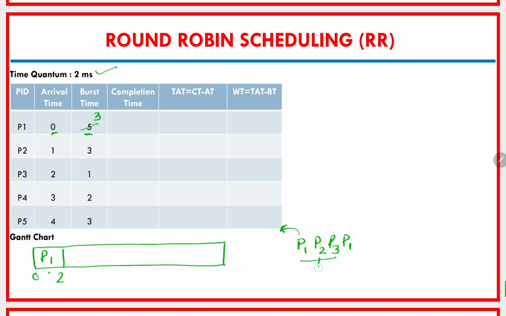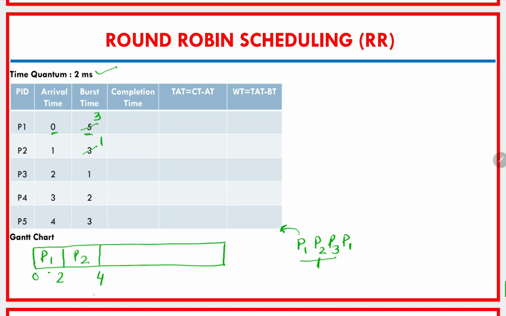So now we fetch P2, and P2 gets access to the CPU. It executes there for again 2 milliseconds, from 2 to 4, but its requirement was 3 milliseconds. It executed only for 2 milliseconds, so it needs one more millisecond to complete its execution.